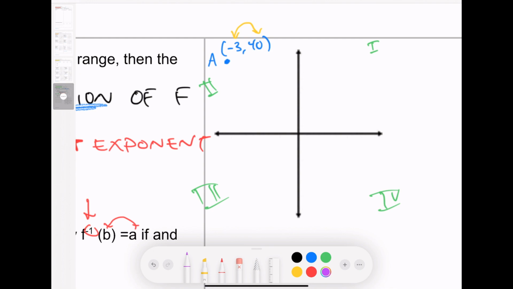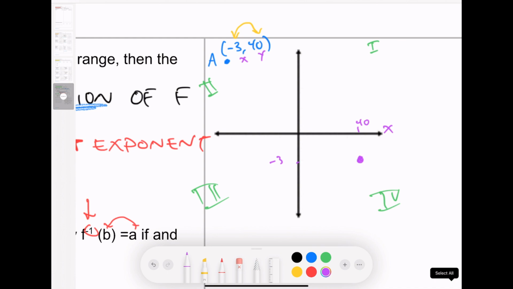40 going to the right on the x-axis, right? This is an x and this is a y. So if I switch that, that'll become 40 and negative 3. Okay, pay attention. In Geometry or Integrated Math 2, they taught you that if you move an ordered pair, those are called what?